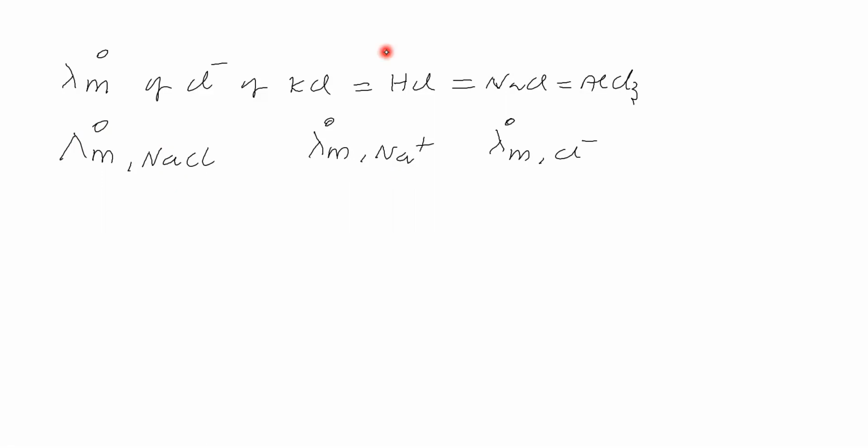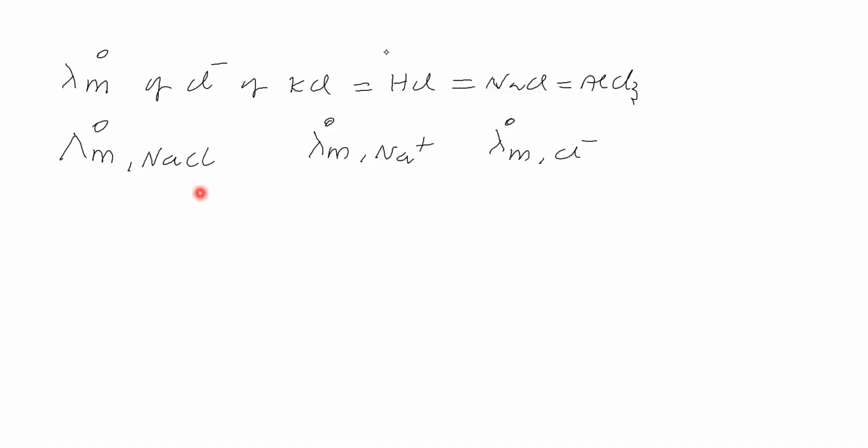It is called the molar conductivity of Na plus at zero concentration, and of Cl minus at zero concentration. Molar conductivity means its current carrying ability. Which will carry current? Na plus and Cl minus.